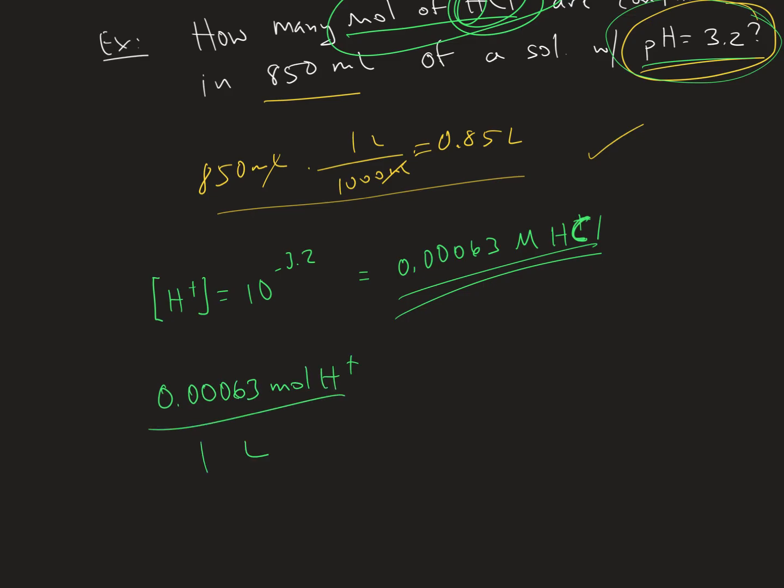Is that okay? I just changed molarity to moles per liter. And in HCl, I know there's 1 HCl to every 1 H plus. So 1 mole of H plus to 1 mole of HCl. That goes away. Multiply by 1, divide by 1 doesn't change it. So that's why I could just change H plus to HCl.